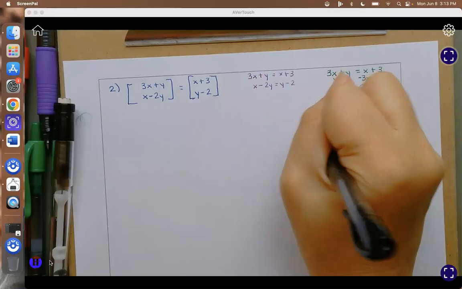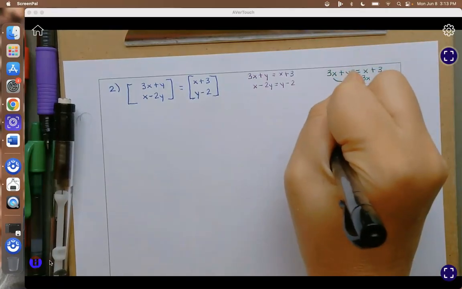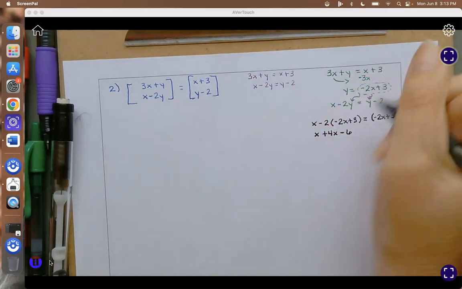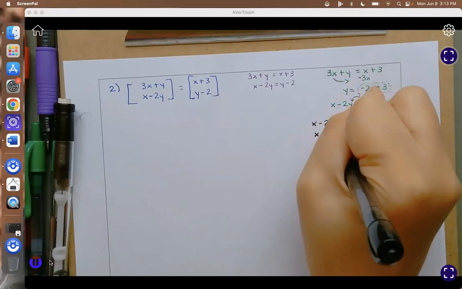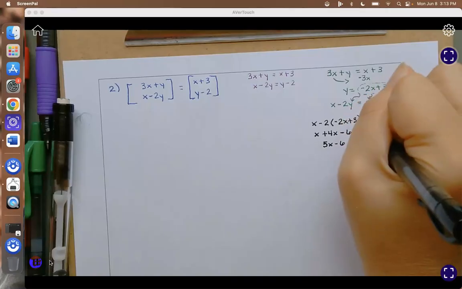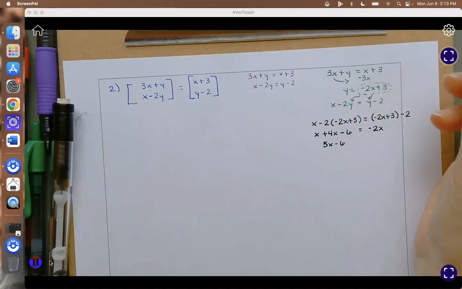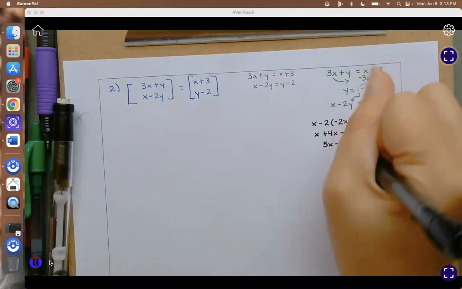So here, I get x. When I distribute the negative 2, this becomes 4x minus 6. So that becomes 5x minus 6. Here, the parentheses aren't doing anything for me. 3 minus 2 is 1.